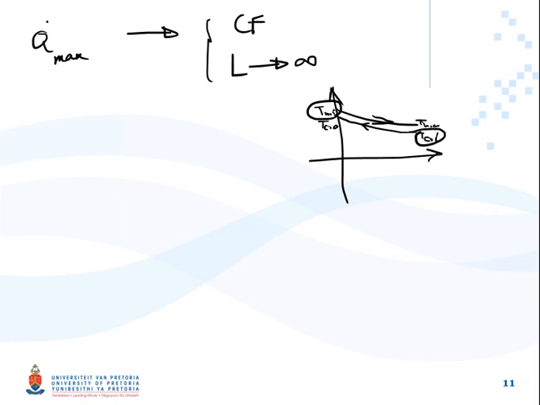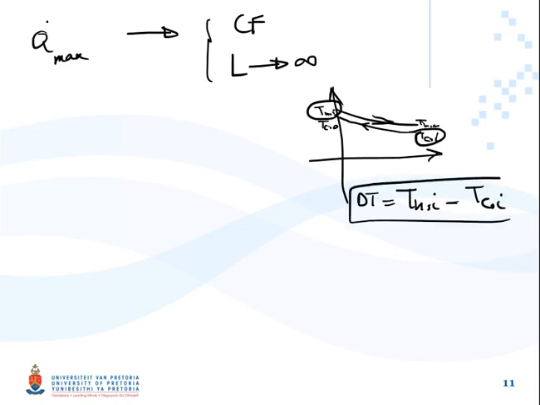So the maximum heat transfer will happen when the delta T is the inlet temperature of hot fluid minus the inlet temperature of cold fluid. Okay, so when this is our temperature difference, we are going to get the maximum possible heat transfer rate.